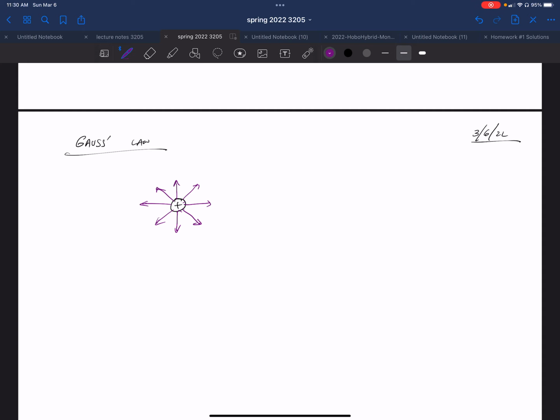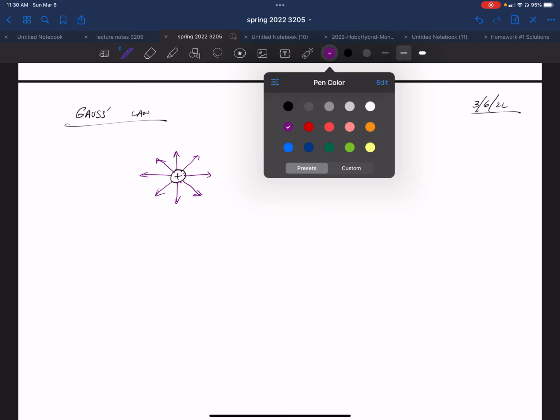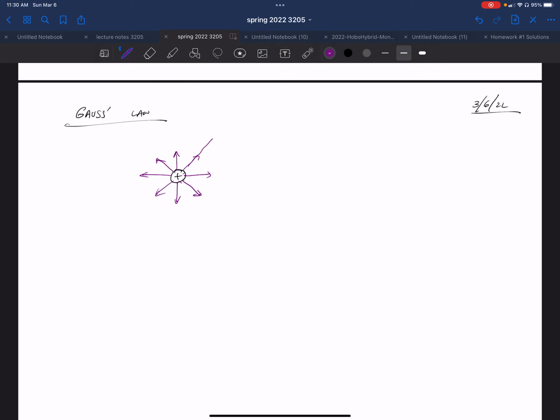Now let's go through a visual thought process. Let me extend these lines a little further out so it's more obvious.